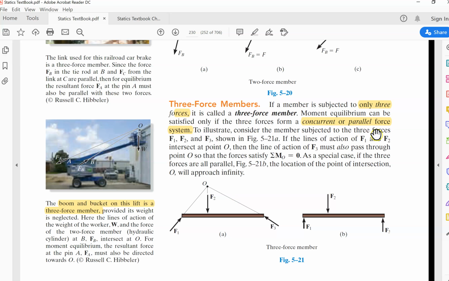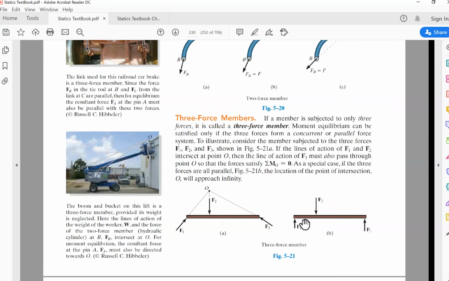If you have forces F1, F2, F3, you can combine them at the intersection O, and then the line of action of F3 must also pass through point O so that the forces satisfy moment at O equals 0. As a special case, if the three forces are parallel, the location of the point of intersection O approaches infinity. Of course, you don't have anywhere to join because these are all parallel lines, so they will be at infinity.